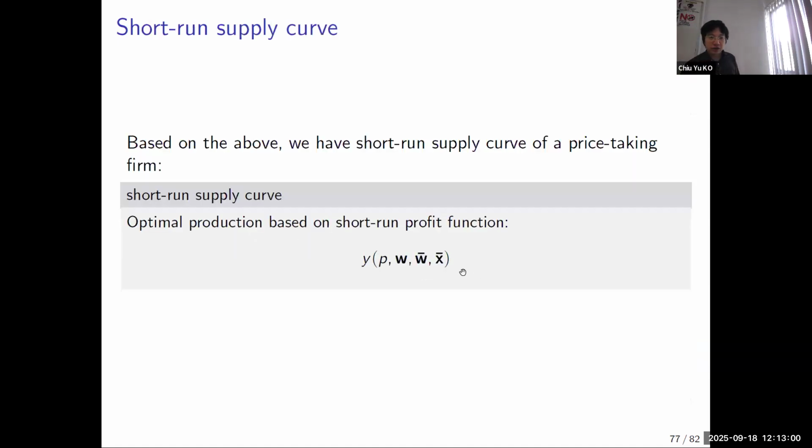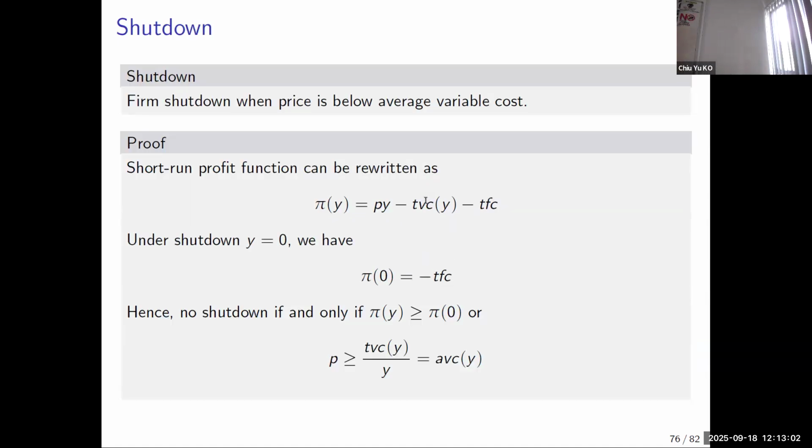I think you learned it in the undergrad. The firm shuts down when the price is below the average variable cost. Is that okay? This is something you learned already, so I'm not going to talk too much about that, and it's not very important for our calculation because the math is trivial.